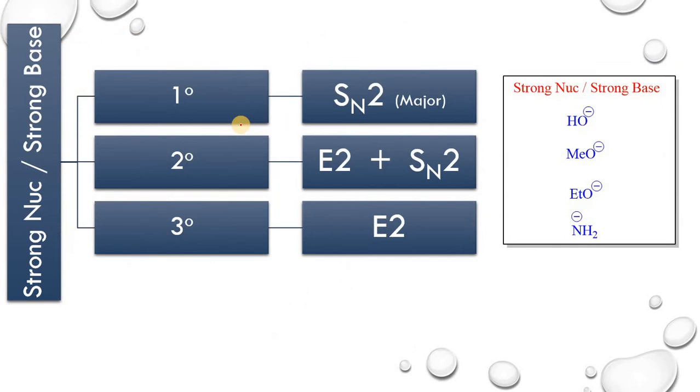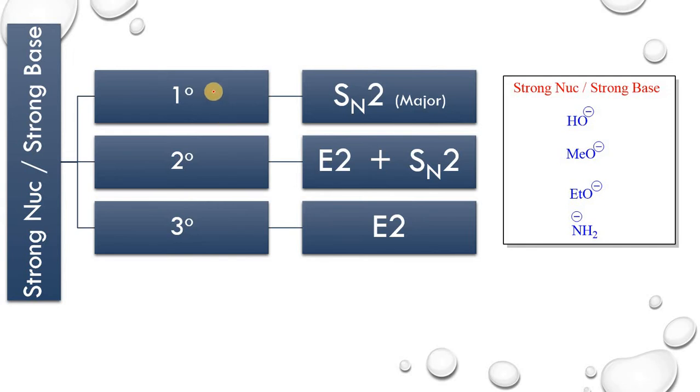Suppose if you take strong nucleophile, strong base, it means they can attack at reaction center very fast and they can abstract proton very easily. In this case, very difficult to distinguish what type of reaction will be taking place.